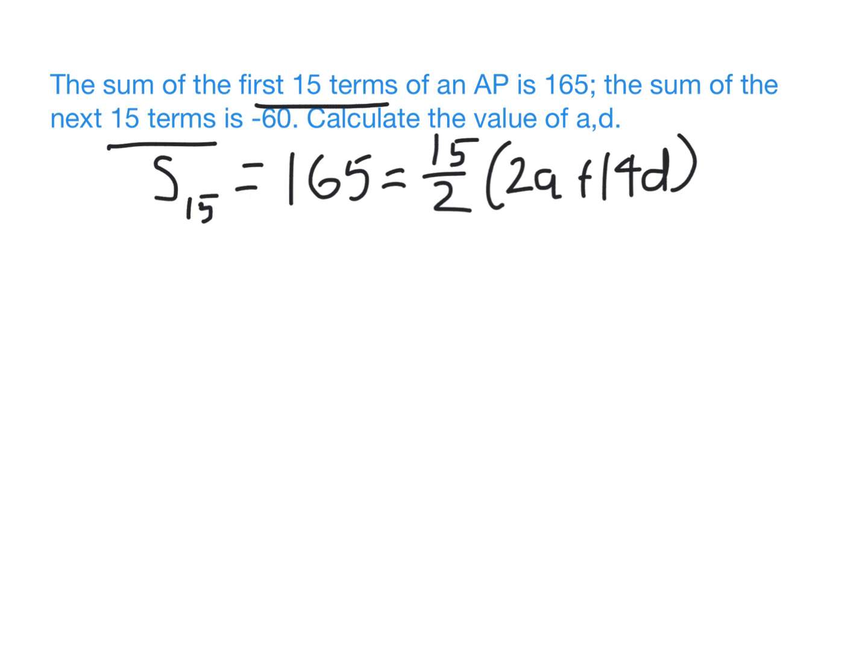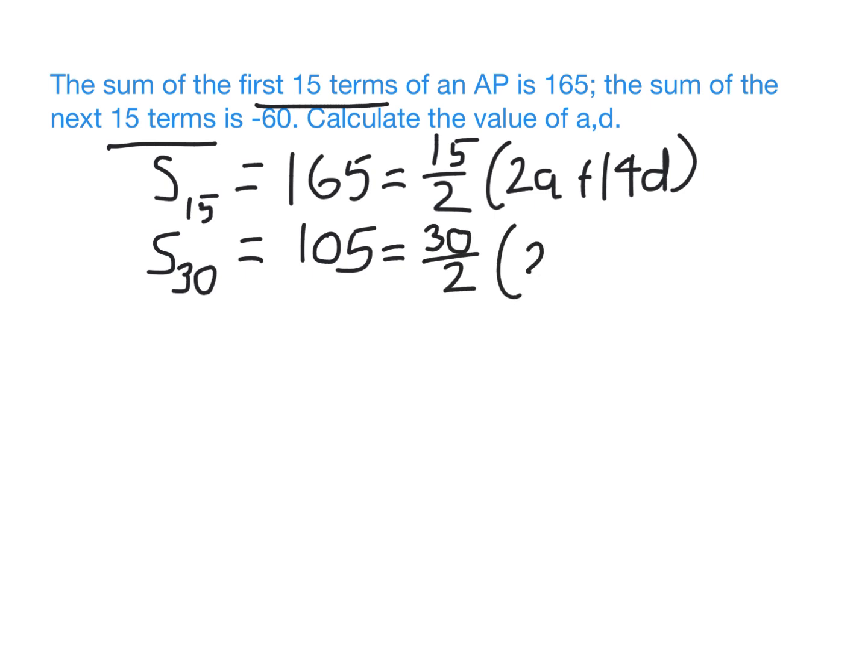But what we can deduce from this is that the sum of the first 30 terms must be this plus this. First 15 terms, next 15 terms. So it must equal 105. So we have 105 is equal to 30 over 2 times (2a plus 29d).